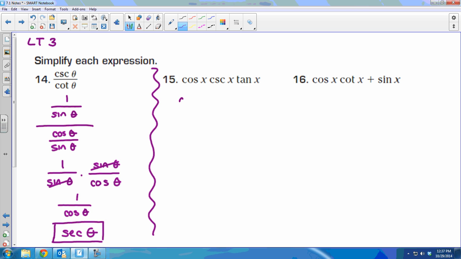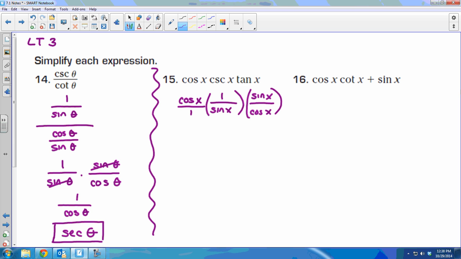So I'm going to leave cosine x alone, because I can make everything else have a sine and a cosine. Cosecant, the reciprocal is sine, so I have 1 over sine x. If you need to put this over 1 to understand what's going on, you can. And then tangent is sine x over cosine x. So if I start looking across, I can start canceling some things out.